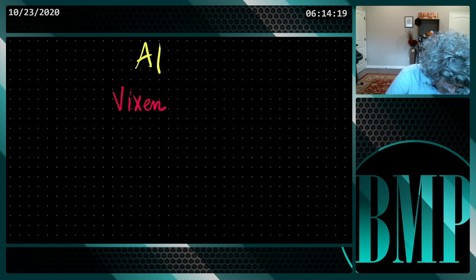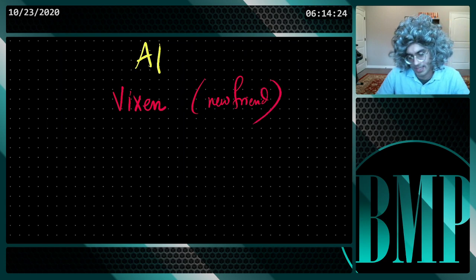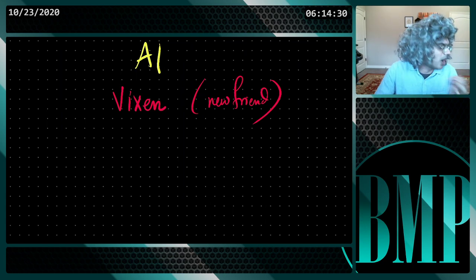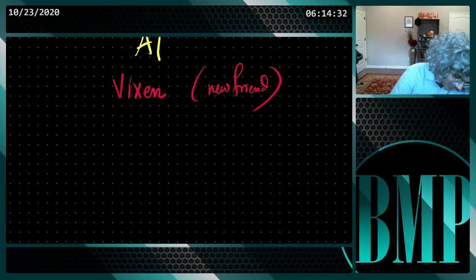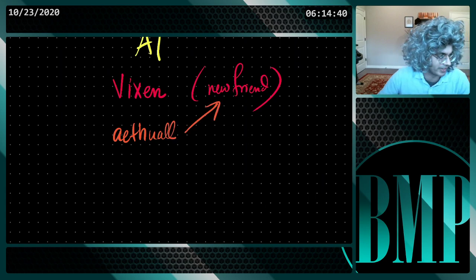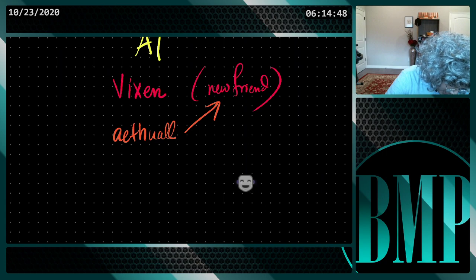Okay, Vixen. Who is Vixen? Vixen's a new friend. Don't know who they are. New friend. Who else is out here? Who else was in here? Who is Avual? Who is that? New friend. Rex. Rex.